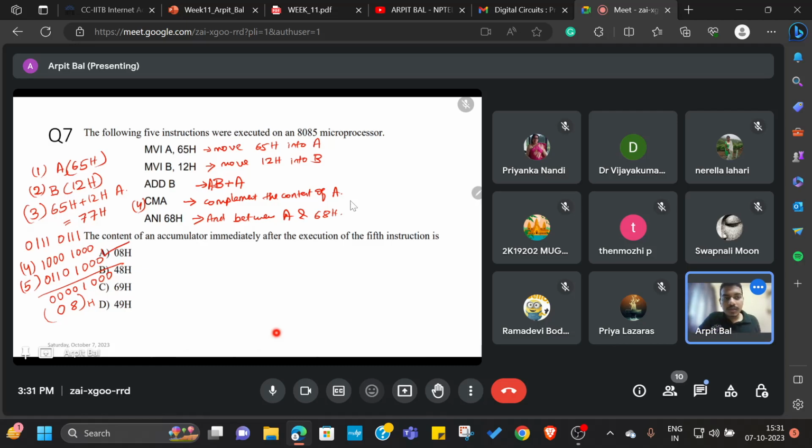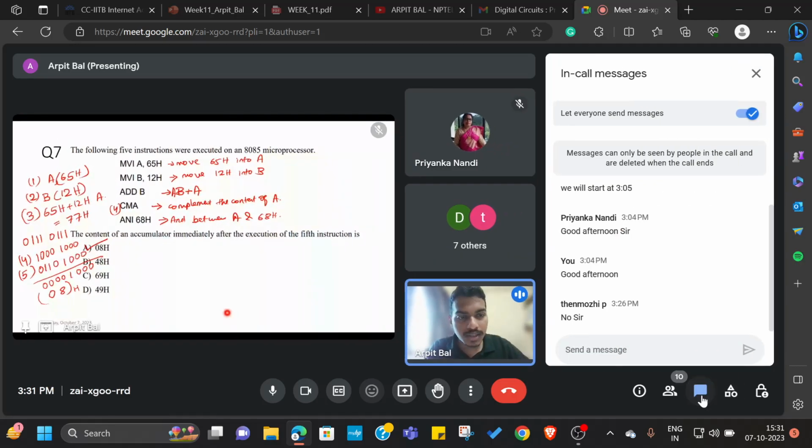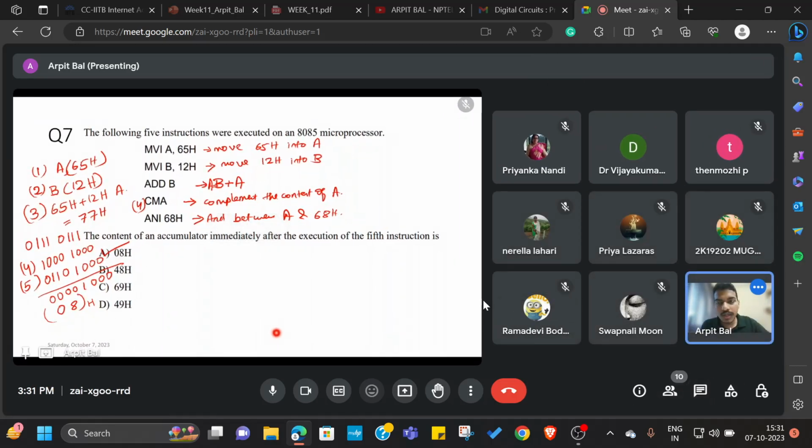Is this question clear? This is actually an important question because many times it is asked to figure out what is going to be the content of accumulator after the execution of the following instructions. I'll wait for 1 minute here so that you can give it a look and let me know if you are stuck anywhere in this explanation for question number 7.